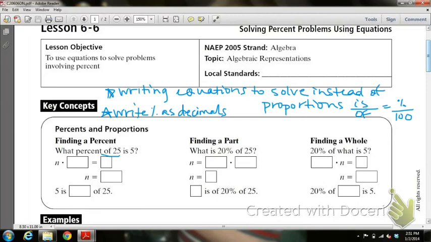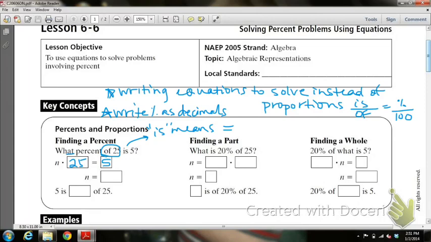So remember that of means to multiply. So what times 25 is, now is means equal in math, equals 5. So now what number would I have to multiply by 25 to get 5?